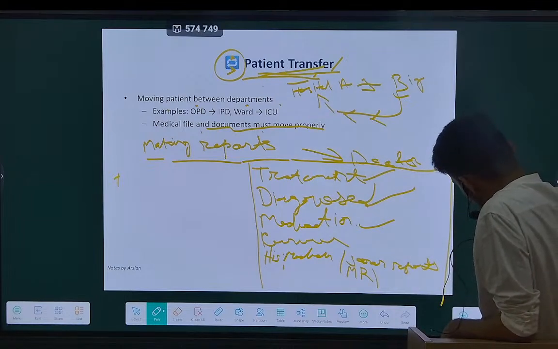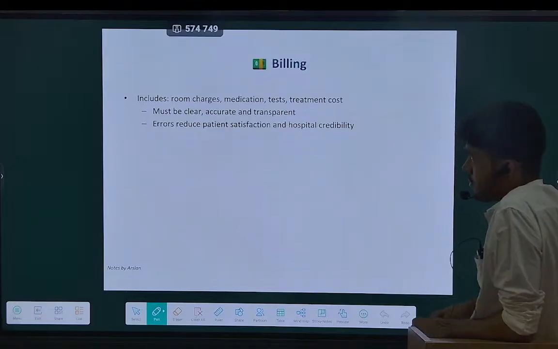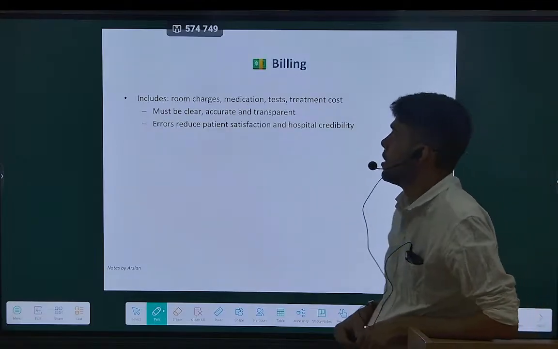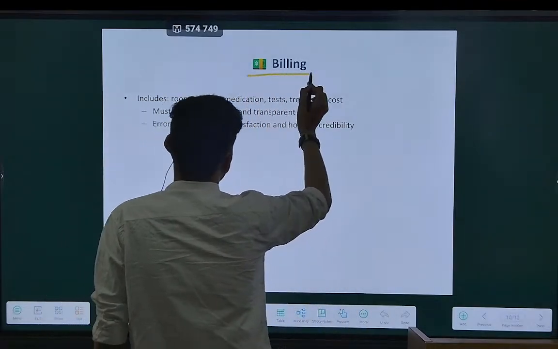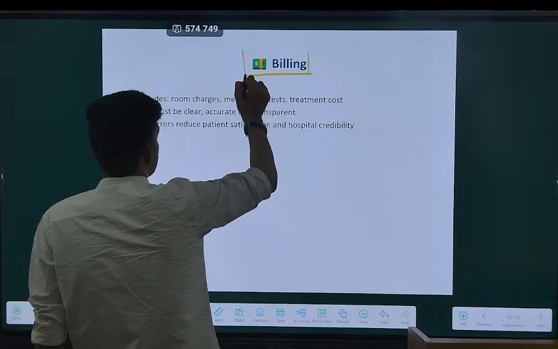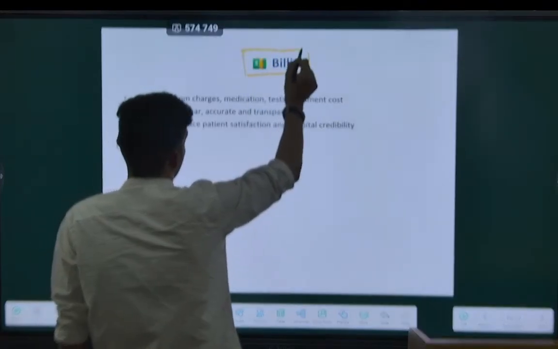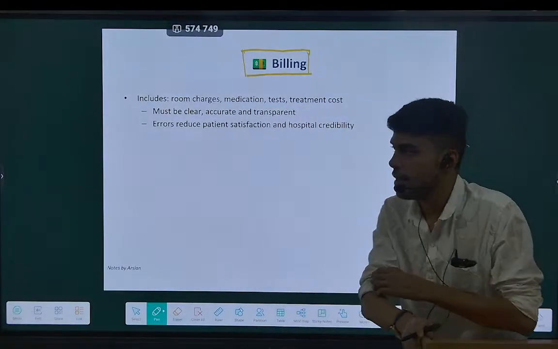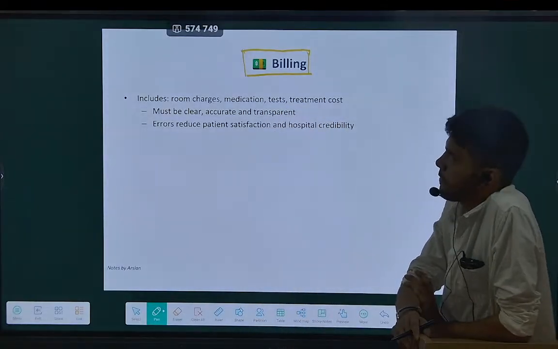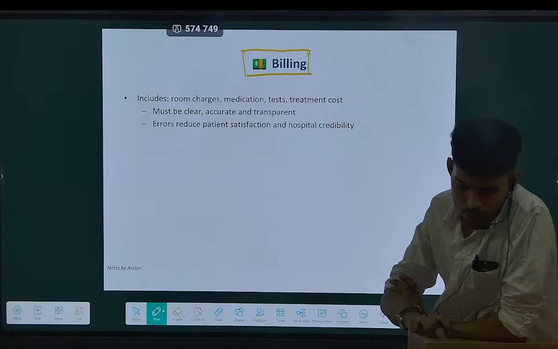Now we will move to the next: billing. This is one of the last management processes, the workflow which I have explained to you.